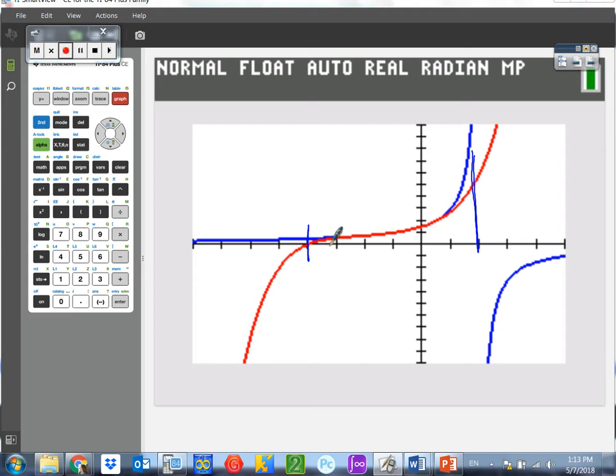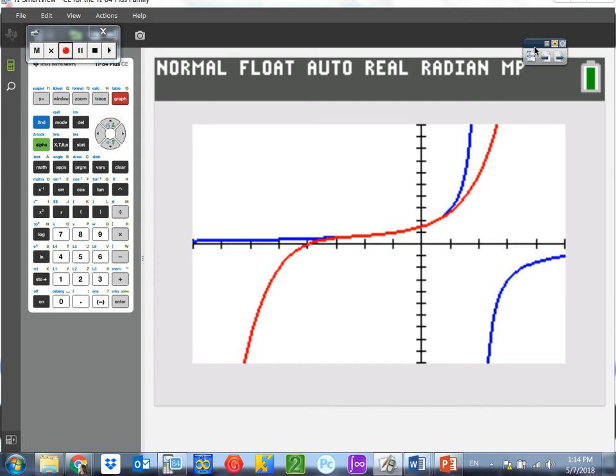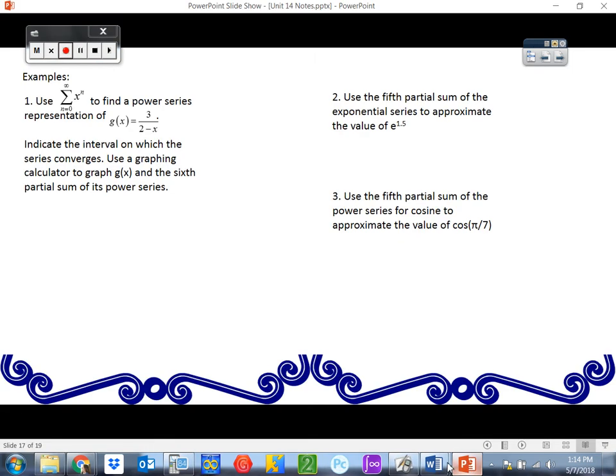The more terms I use, the closer this red one is going to mirror the blue one. So that's the significance of the interval of convergence. It basically is showing us where the function and its partial sum of the series are really, really close. Okay. So let's go back to our work.